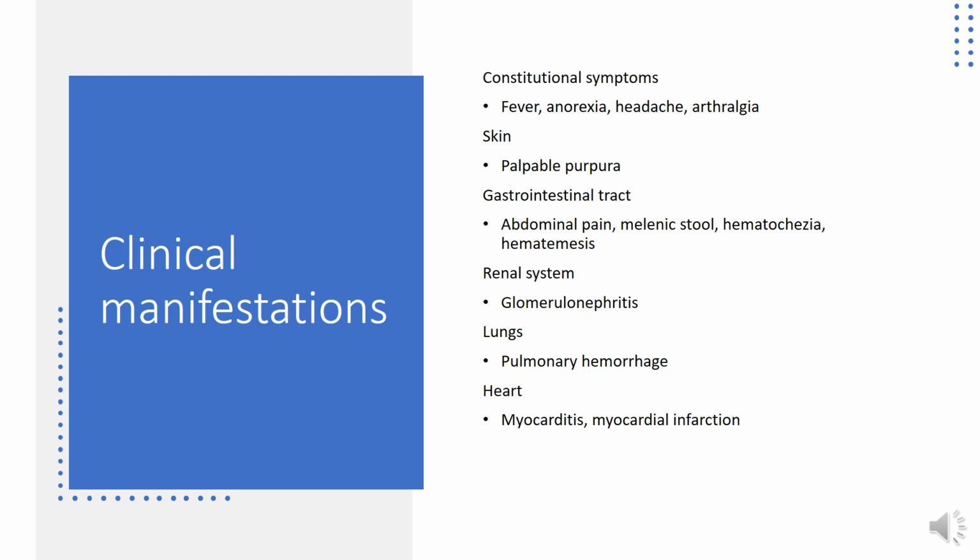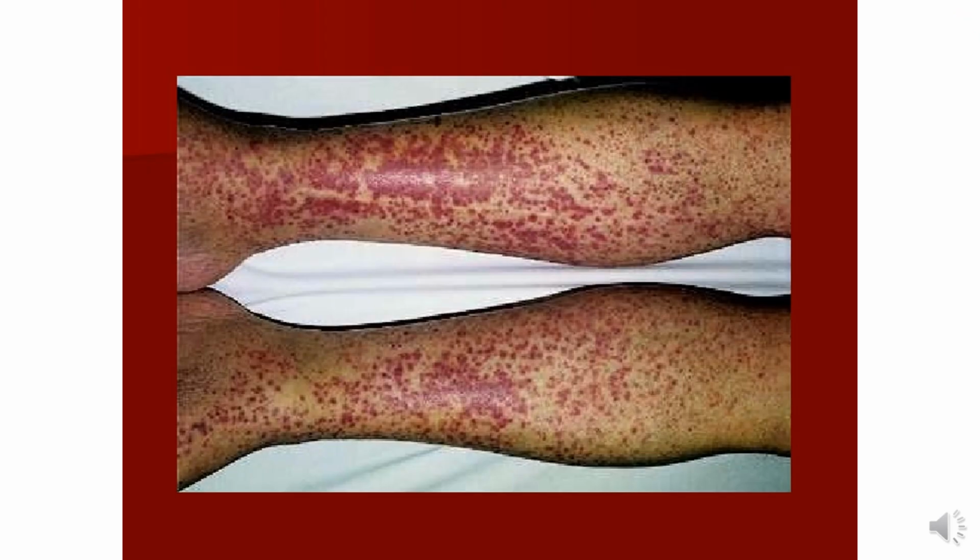Clinical manifestations are constitutional symptoms, fever, anorexia, headache, arthralgia, abdominal pain, gastrointestinal bleeding, immunoglobulin A-associated nephropathy, pulmonary hemorrhages. The classic manifestation is palpable purpura.